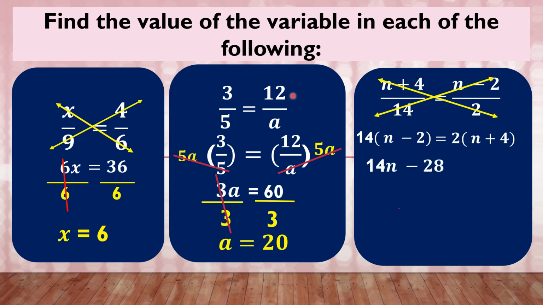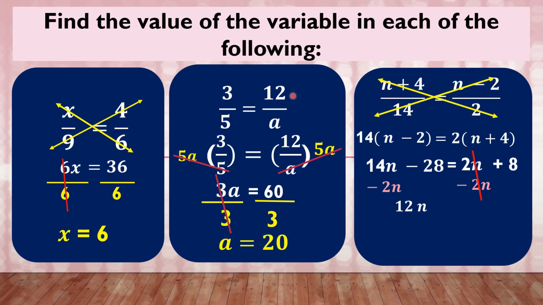So 14N minus 28 is equal to 2N plus 8. Para ma-solve natin si N, nawala si 2N sa kaliwa, we have to add negative 2N on both sides. So nawala si 2N sa kanan, at nag-add tayo, 14 plus negative 2N is equal to 12N.